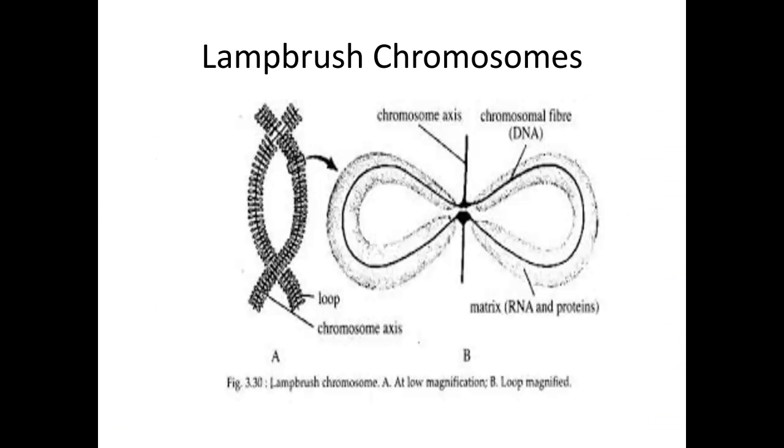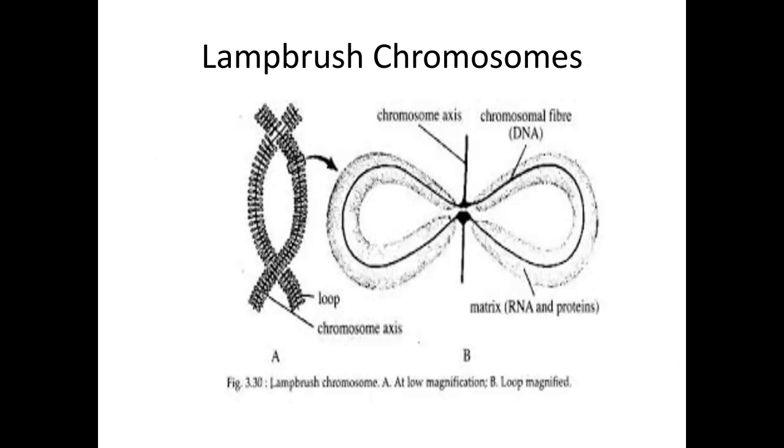Now see this diagram of a lamp brush chromosome. At low magnification, the chromosome has a chromosome axis, and along the chromosome axis, 2 loops are present.